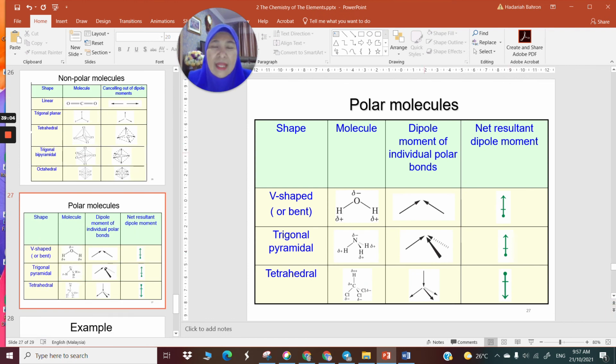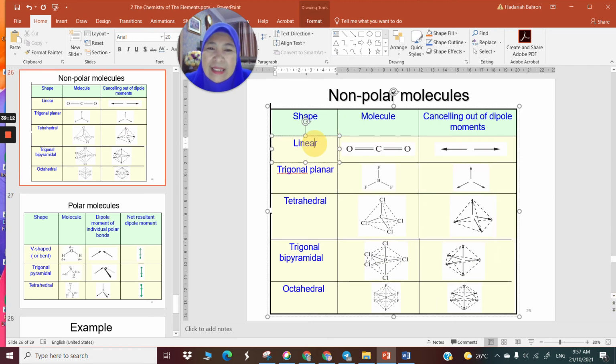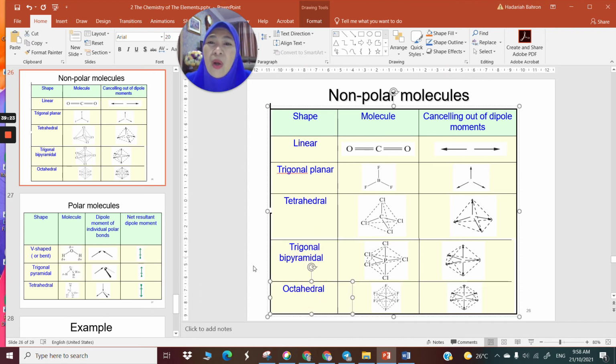But when you have a non-symmetrical, okay, let's go back to this one. A linear molecule, a trigonal planar molecule, a tetrahedral molecule, a trigonal bipyramidal molecule, and octahedral molecule. They are all non-polar molecules if you have all the atoms involved to be the same.